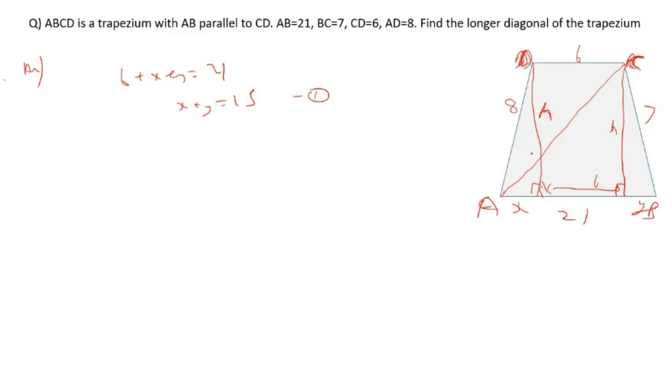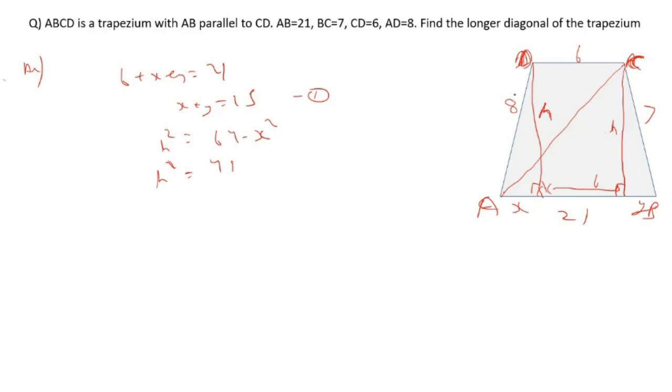So in this right triangle, h square is 64 minus x square. Similarly, in this right triangle, h square is 49 minus y square. This is a standard approach for calculating diagonals or even areas of trapeziums when sides are given and it's not as simple as isosceles.